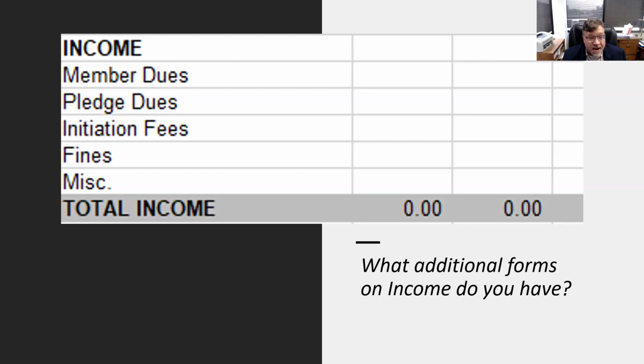And a final thing, and I hate to tell you this, but one thing you'll see not on income is charging admission to events. Because here in the United States, if you're charging admission to any sort of event and you're serving alcohol, in pretty much every state that would require a liquor license.